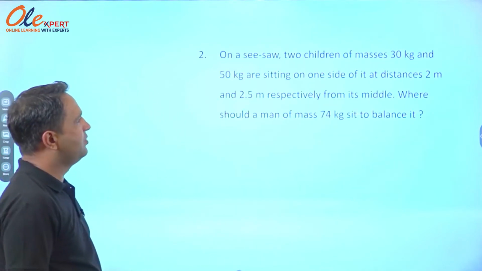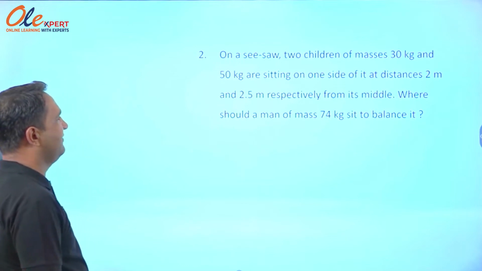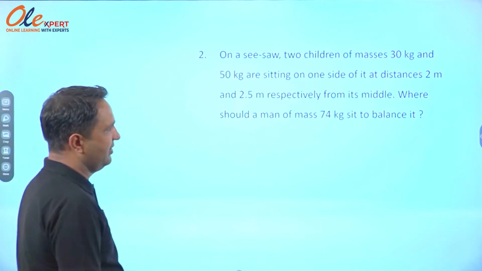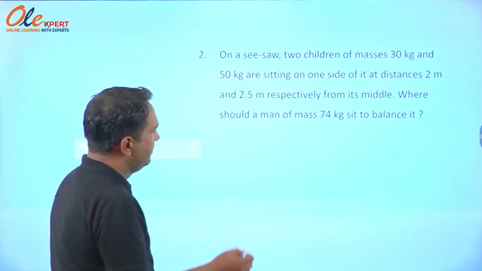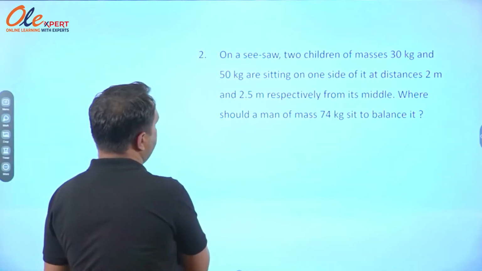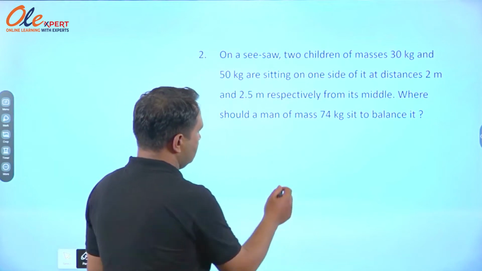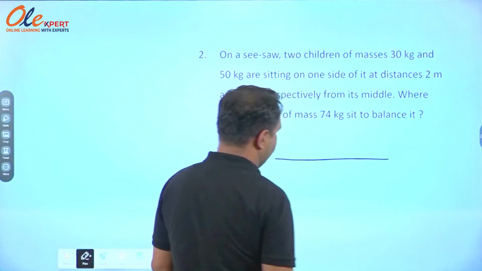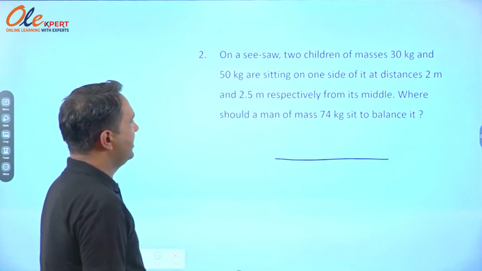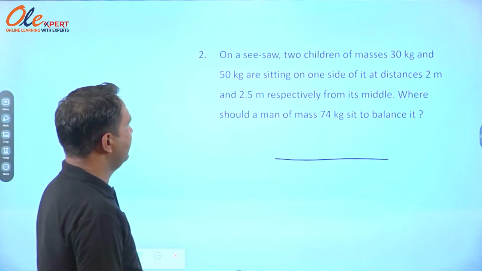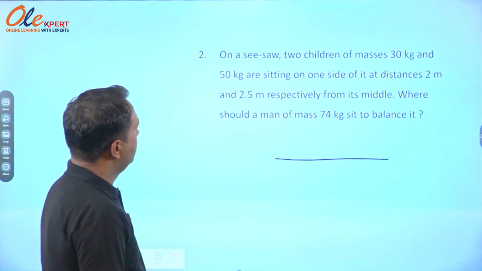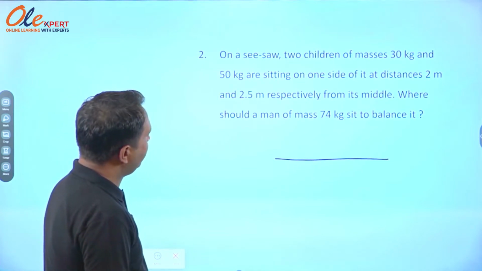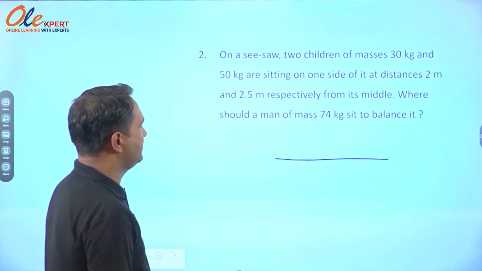On a seesaw, two children of masses 30 kg and 50 kg are sitting on one side. Let me draw the image first. On a seesaw, so I will make a seesaw here. Two children of masses 30 kg and 50 kg are sitting on one side of it at distances 2 and 2.5 meter respectively from its middle.